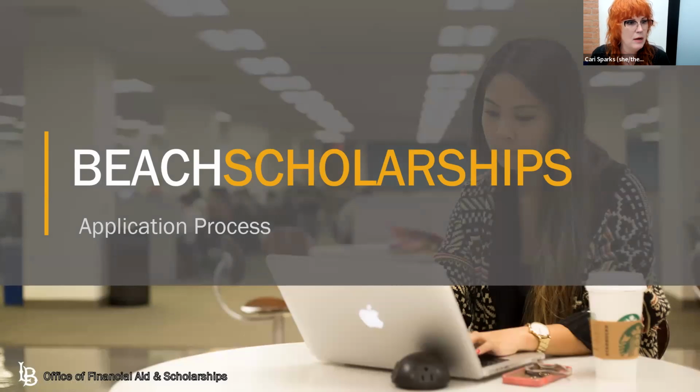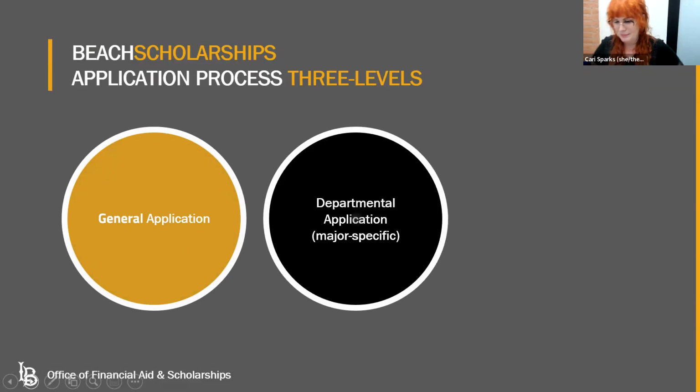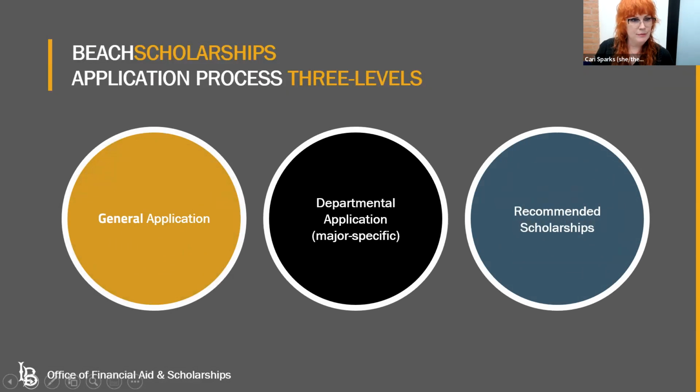Okay. So now I'm going to go over the actual application process. Next slide for me. There are some animations on this one too, but we'll go as we go. There are 3 different levels of the application. There's a general application, which I call the gateway to all the other scholarships that we have available.